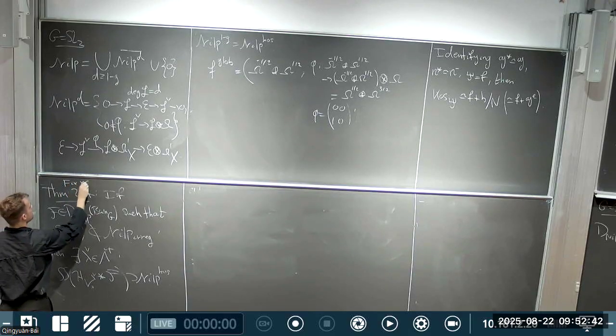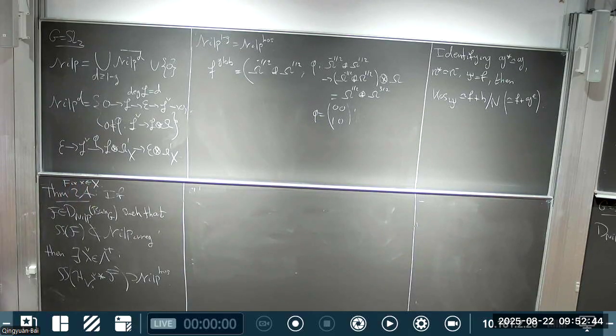No, I don't mean that. Fix x. So the theorem says that if you have a D-module with nilpotent singular support, you can find some coweights such that blah blah blah. I really mean this. I fixed x.